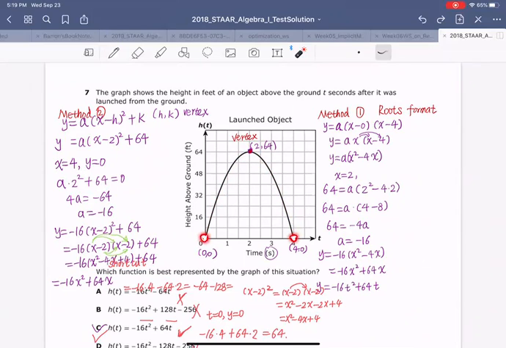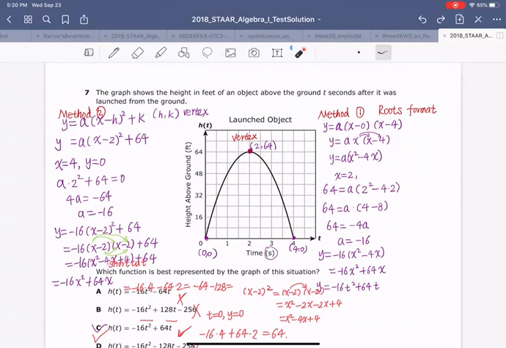These 2 points are called what? Zeros, roots, x-intercepts, right? Okay. How do you call this point? Vertex.